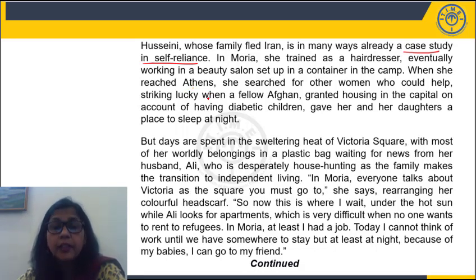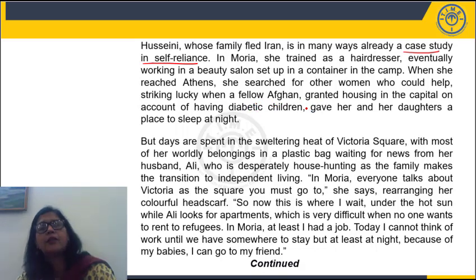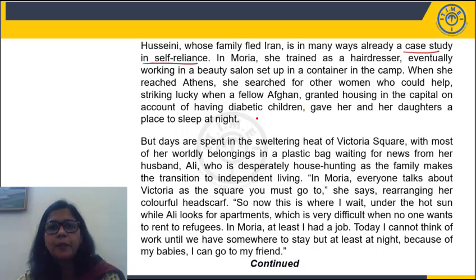She learned a skill. She was able to use that skill to earn money, even in the very difficult circumstances that she was living in, along with her family. And then when her family had to move to Athens, she was able to make friends with others who helped them in getting them a place to stay, right?